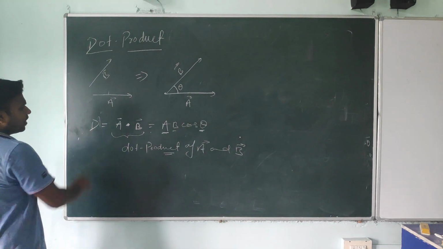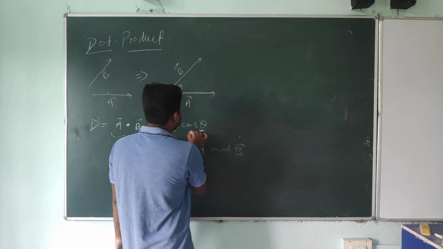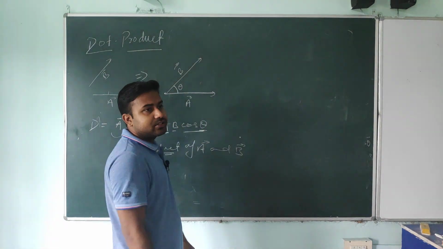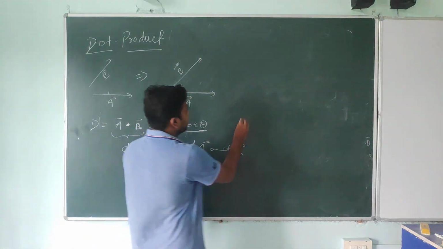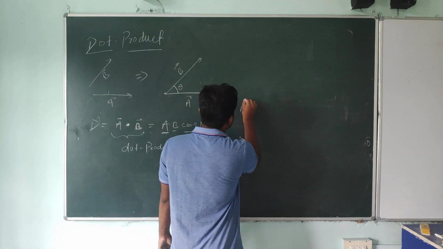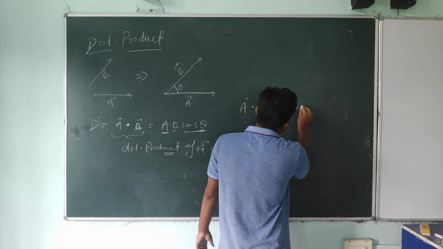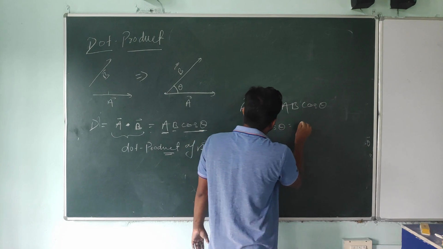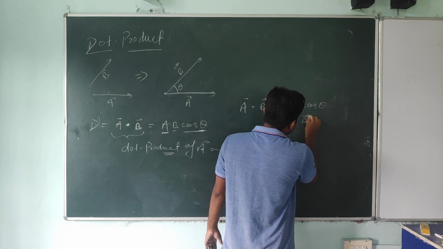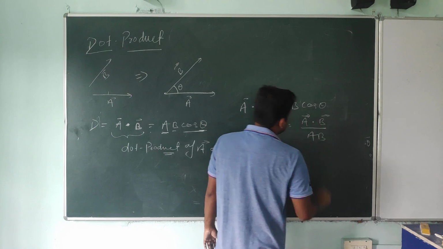Now we'll discuss the importance of dot product. Using dot product, what are we finding? We are finding the angle between two vectors. So look at this: a dot b equal to ab cos theta. So you can write cos theta equal to a vector dot b vector divided by ab.